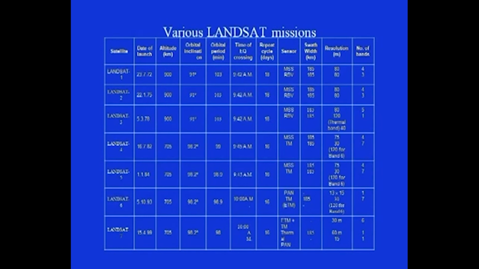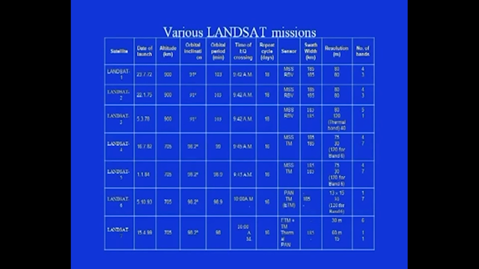Further, it also gives the orbital period, that is the time required to complete one revolution around the Earth in the north-south orbital plane. While it is traversing from north to south, the satellite collects data, and the times of equatorial crossing have also been provided.